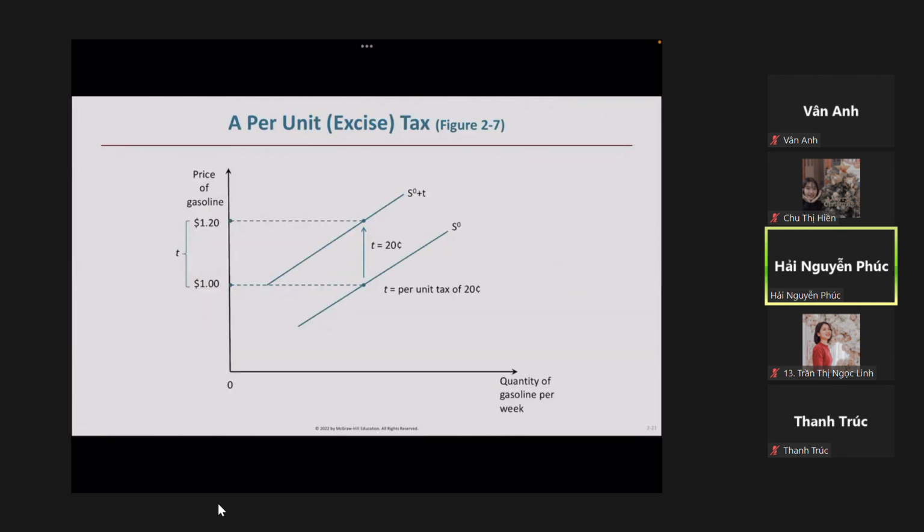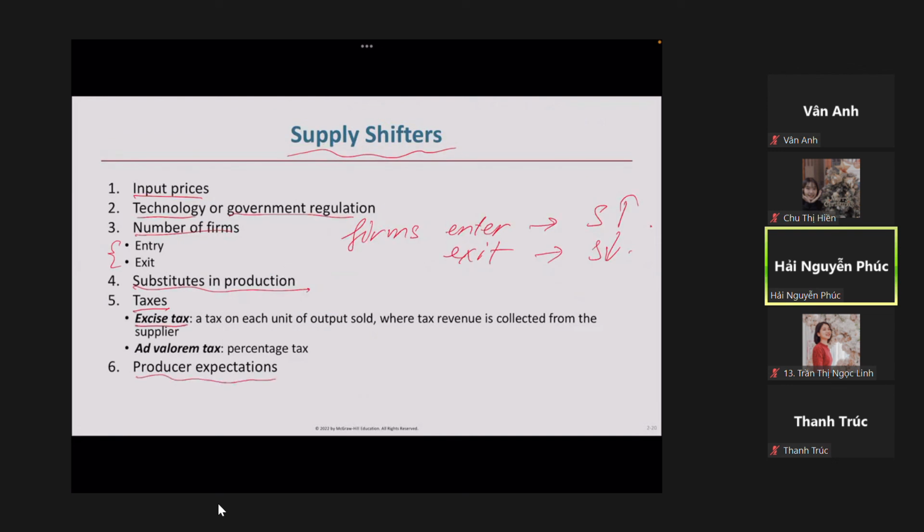Here we are going to distinguish two types of tax, called excise tax and ad valorem tax. Excise tax is the type of tax in which we impose a tax on each unit of output, so it is called per unit tax.